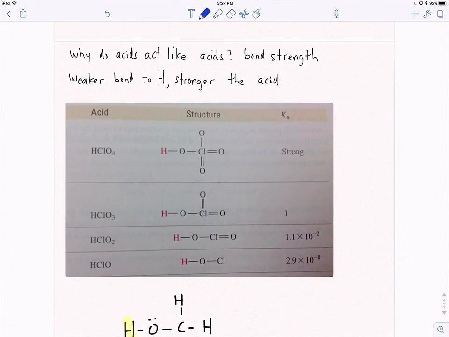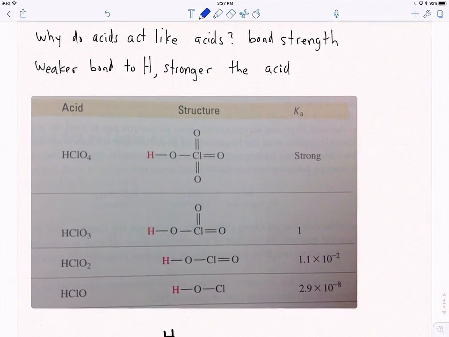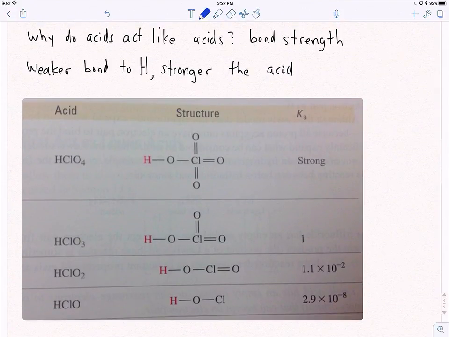So, next we have a philosophical question. Why do acids act like acid? Well, it's the bond strength. When I look at this molecule, perchloric acid here, you have electrons around all of these atoms, and electrons around the hydrogen. The most electronegative atom is fluorine, and the second most electronegative atom is oxygen.